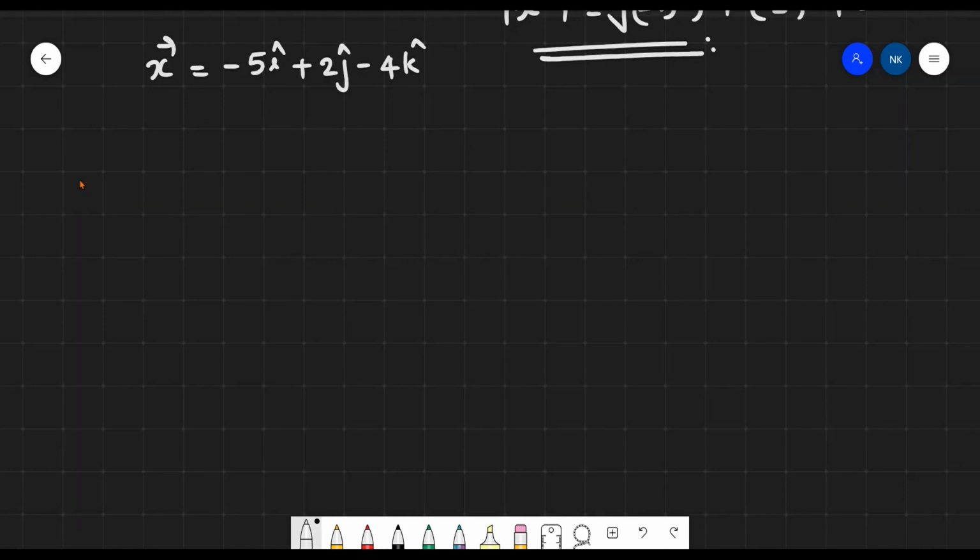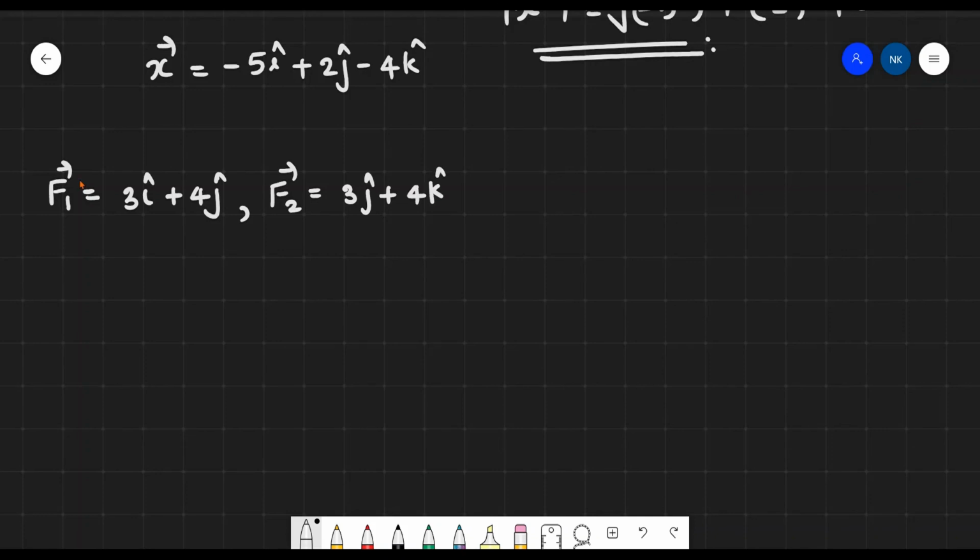Dear students, our next question says we are having two forces. Say F1 vector is given as 3 i cap plus 4 j cap, and the second force, that is F2 vector, it is given as 3 j cap plus 4 k cap.